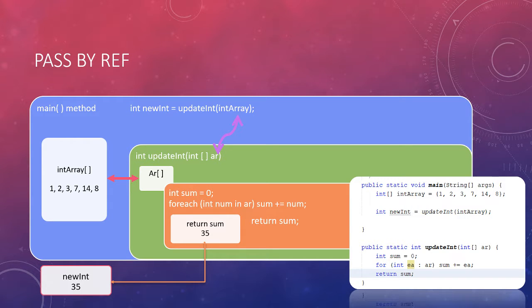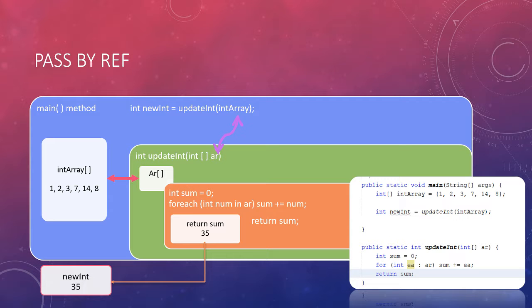So a copy of the array will not be made. Any updates that I make to the array within my method would be reflected in the array contents when I return to my main method. So we're working with the same memory location here. So that's a pass by ref.